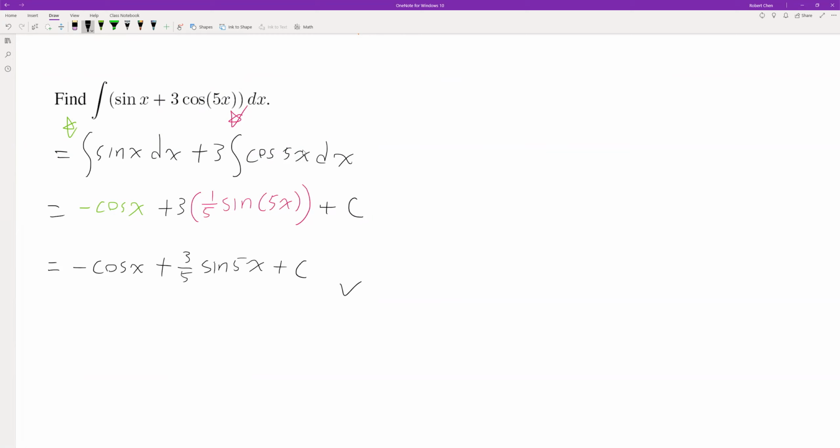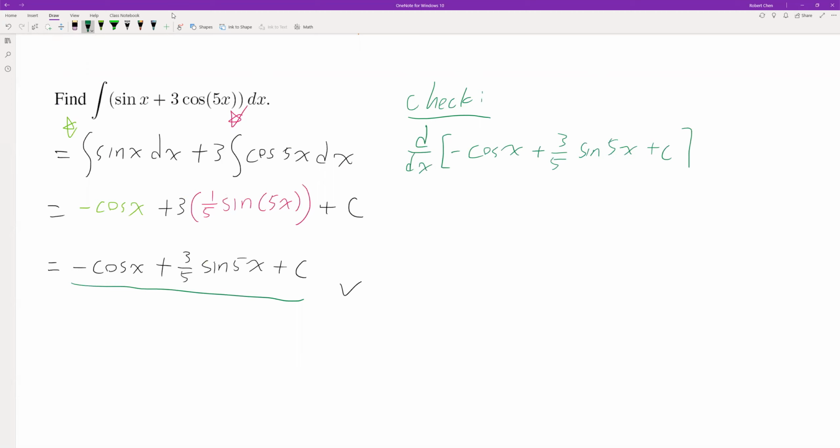Okay, and that's it. Now let's actually check to see if this is correct by taking the derivative of this thing. So d dx of this whole thing, negative cosine x plus 3 over 5 sine 5x plus c. The derivative of cosine is negative sine, so we have negative sine x plus 3 over 5.